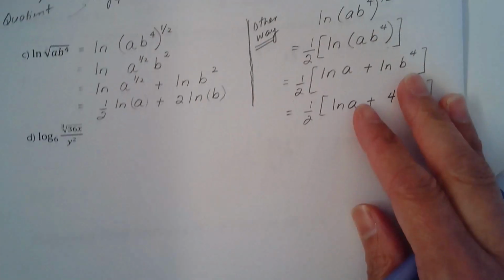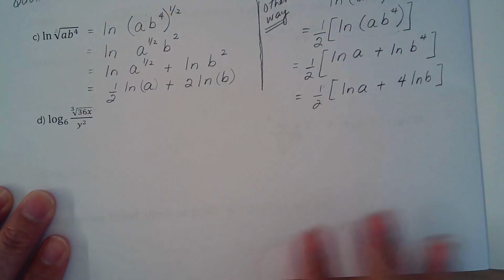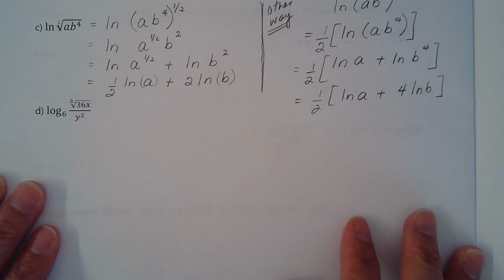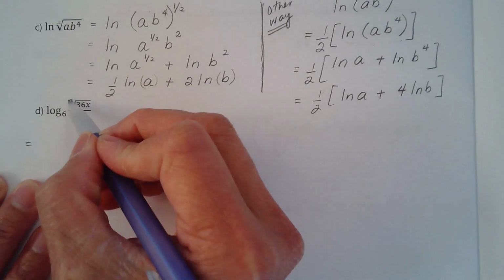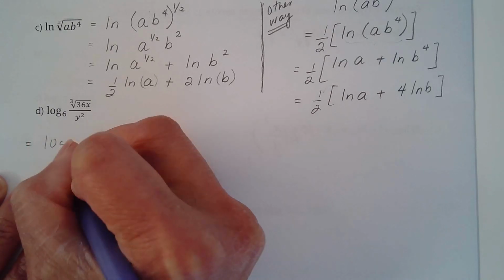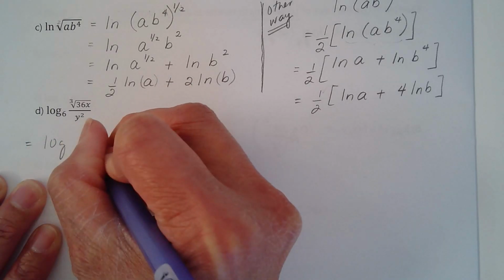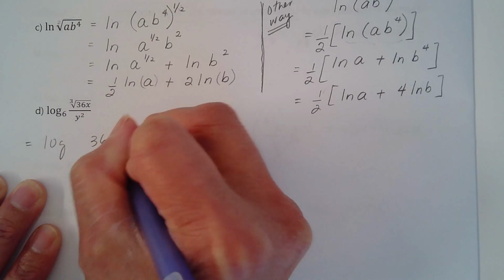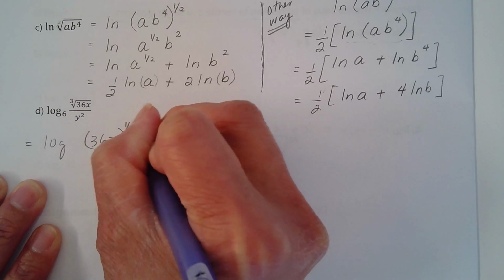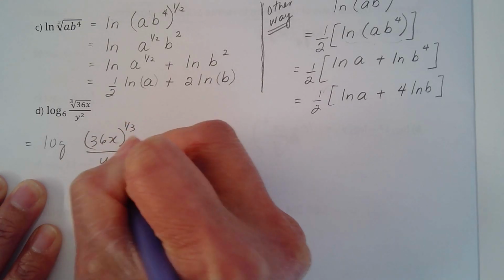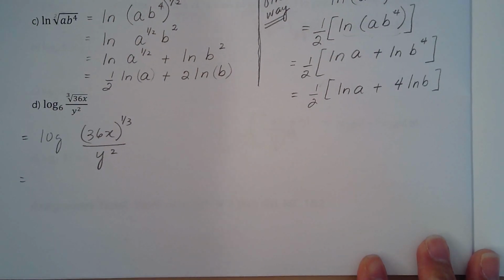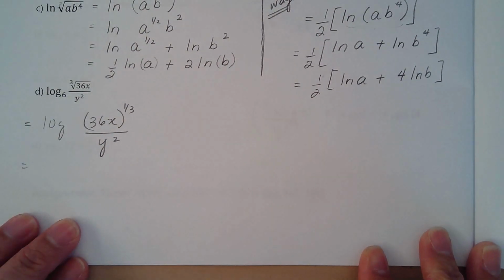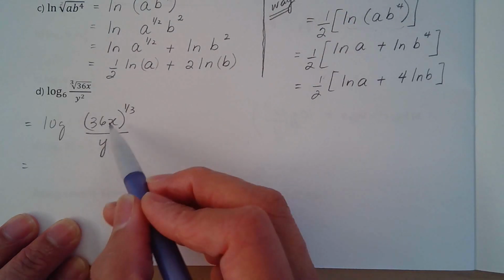Take a look at example number 2, letter D. Now this is a cube root, so that means 36x to the power of a third over y squared. What can we do?